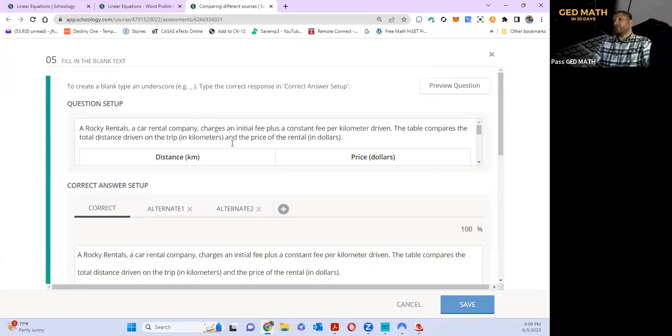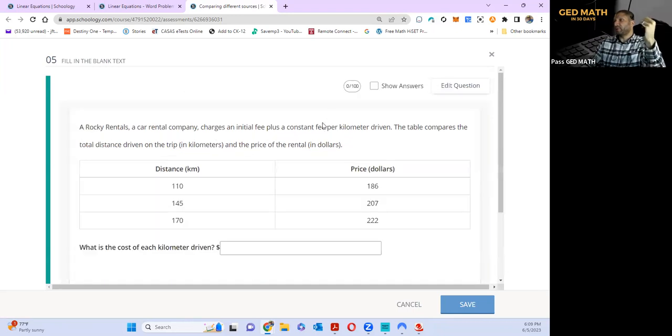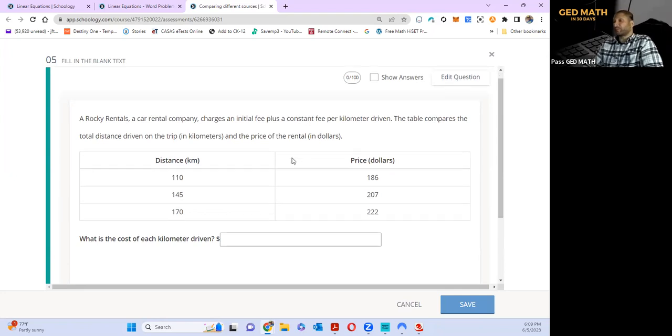So when we look at this one, let me preview the question so it looks a little better. Okay. Rocky Reynolds, a car rental company, charges an initial fee plus a constant fee per kilometer driven. The table compares the total distance driven on the trip in kilometers and the price of the rental in dollars, right?